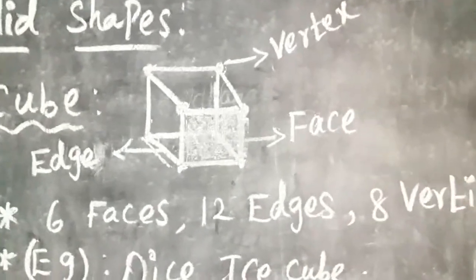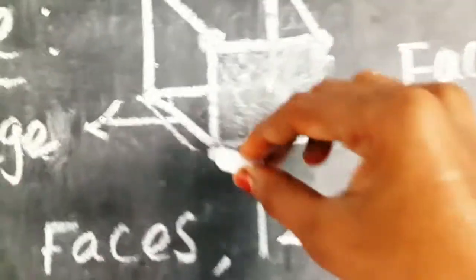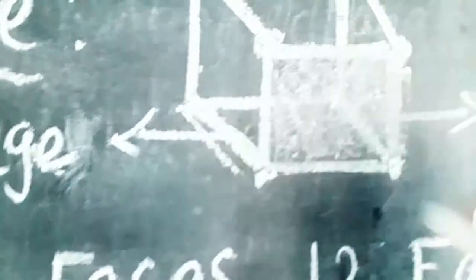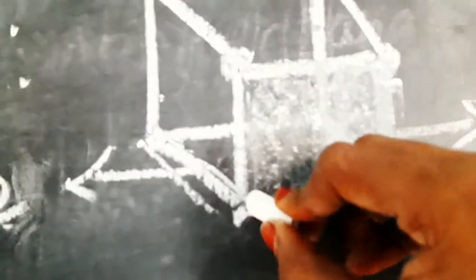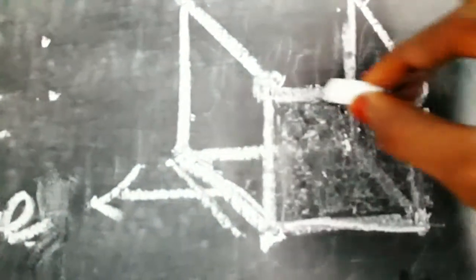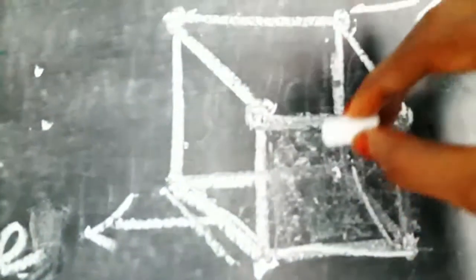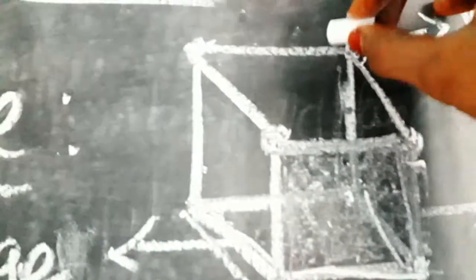Then how many edges? Yes, that is the edge, from one point to another point. The line where two faces meet is called the edge. 1, 2, 3, 4, 5, 6, 7, 8, 9, 10, 11, 12.